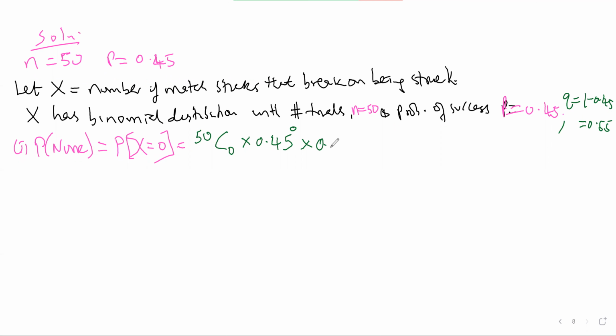So 0.55 raised to power 50 minus 0. If you add the two powers, you must get n. If you're not getting that, you know there's a problem. So someone simplify that for us. And you write the answer in the chat.